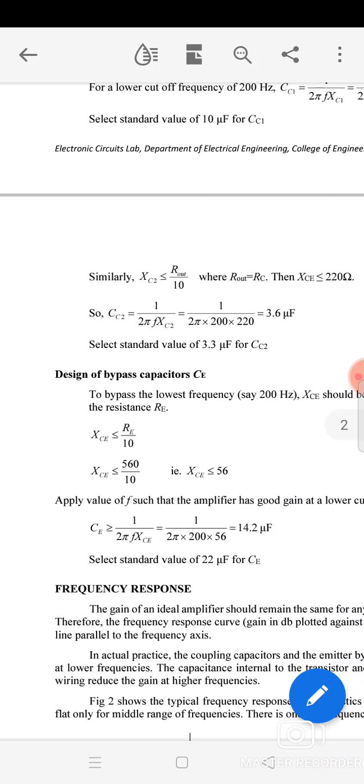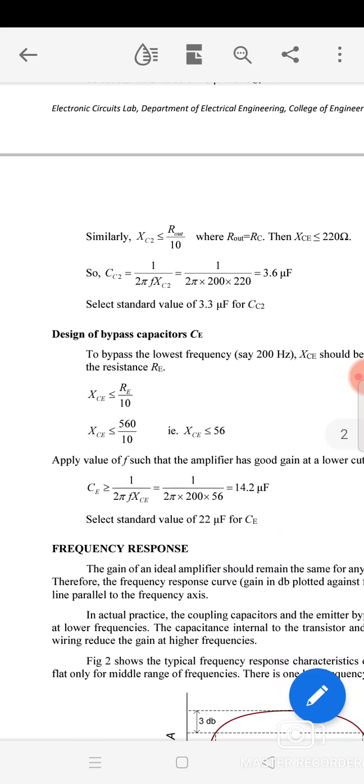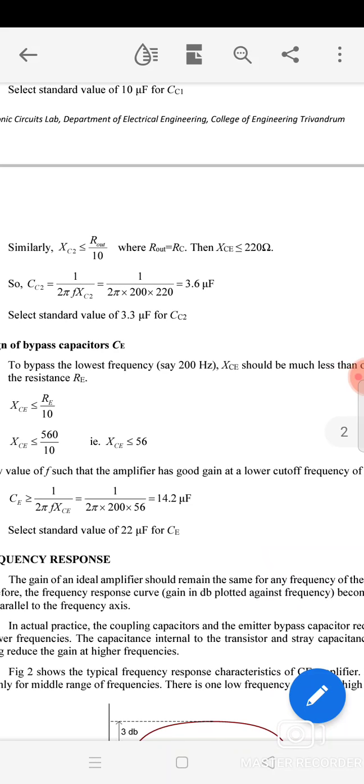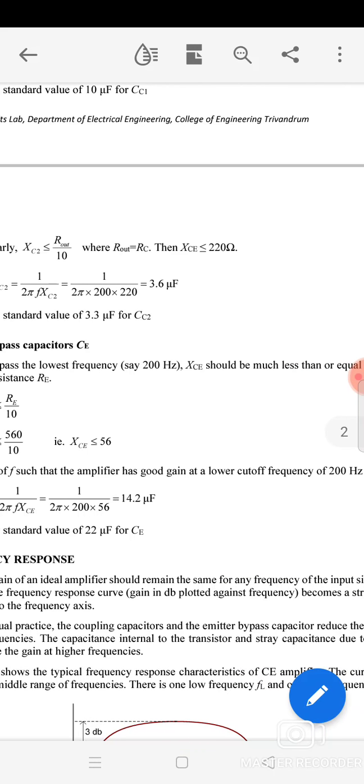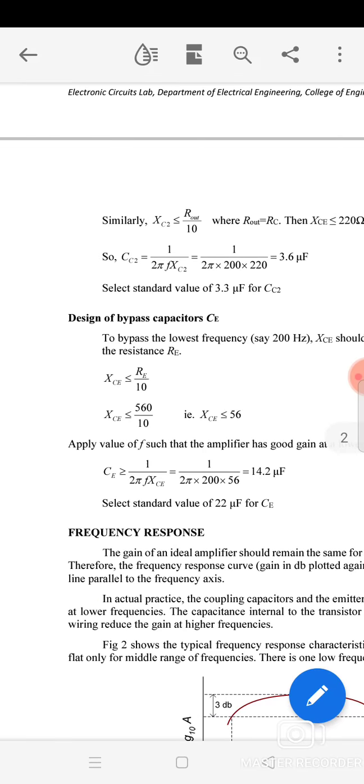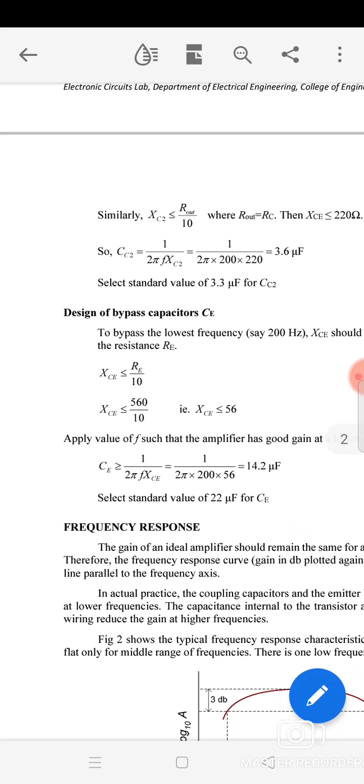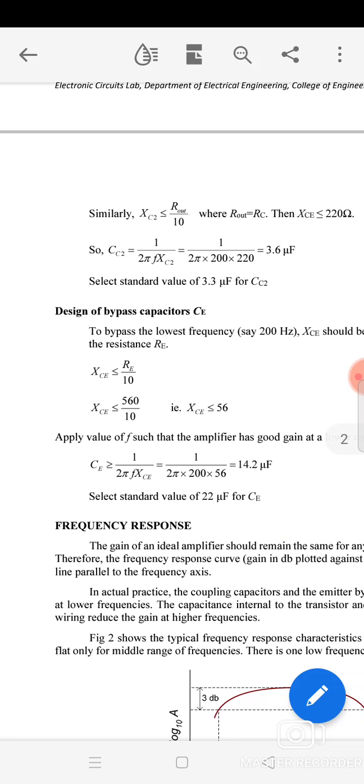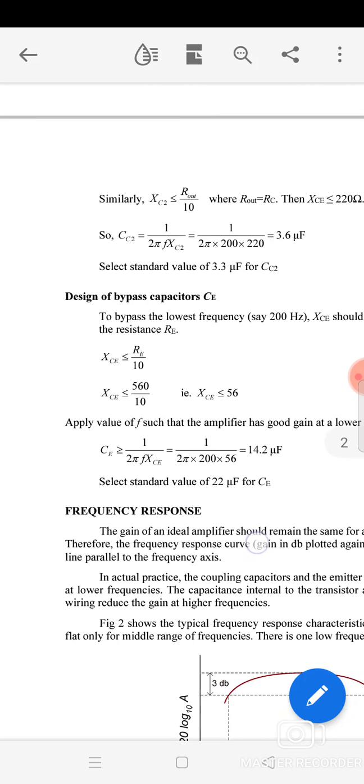operation. Next, design a bypass capacitor to bypass the lower frequency of 20 Hz. Xc should be much less than or equal to the resistance Re. So Xc is less than or equal to Re by 10, that is 560 by 10, so Xc is less than or equal to 56.